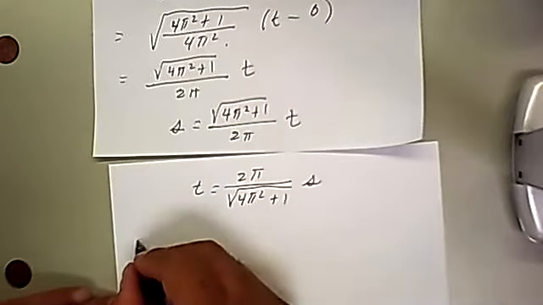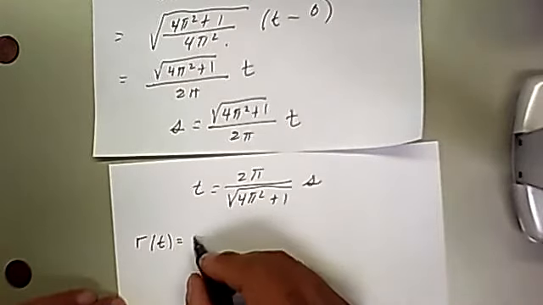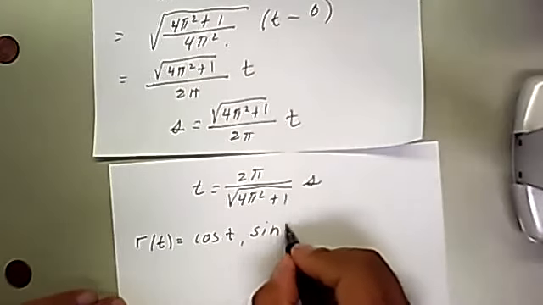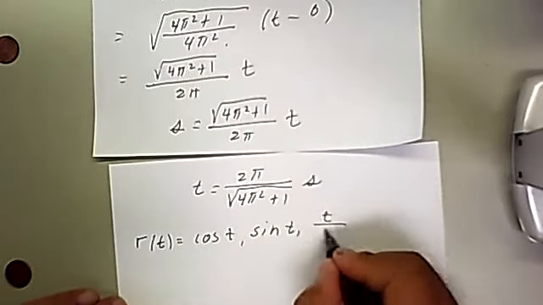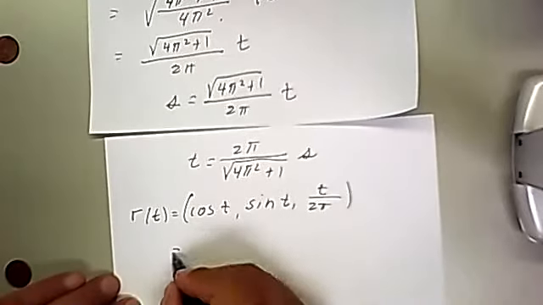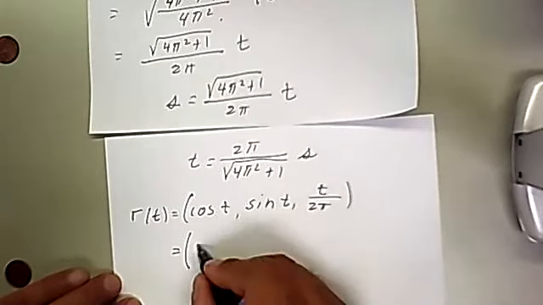So r of t will be, as we know, the vector cosine of t, sine t, and then t over 2 pi. All right, but we're going to replace t with this. So it's going to get a little not very pretty.